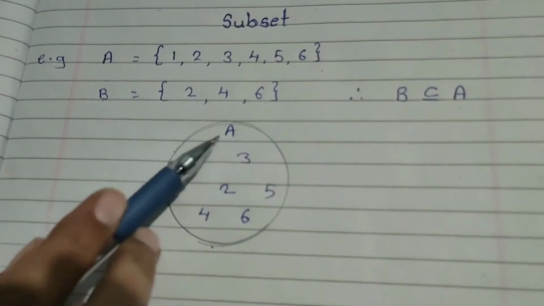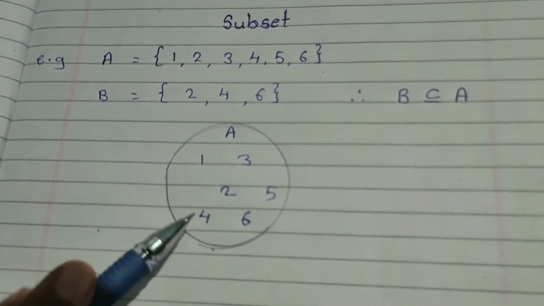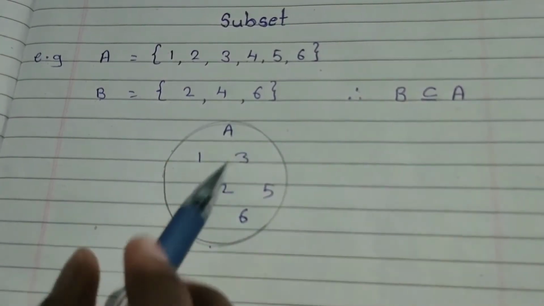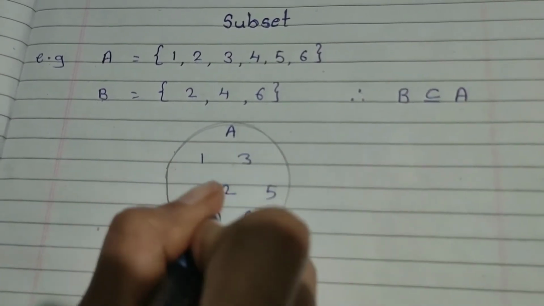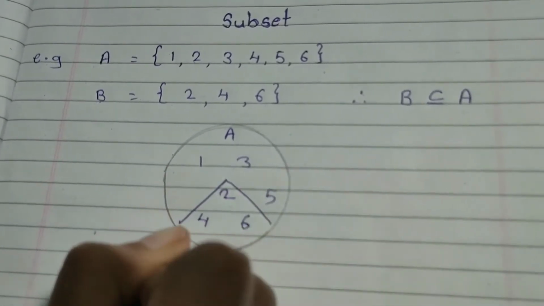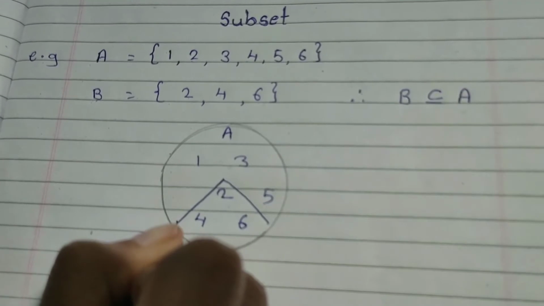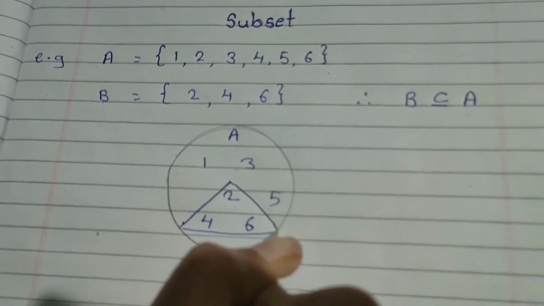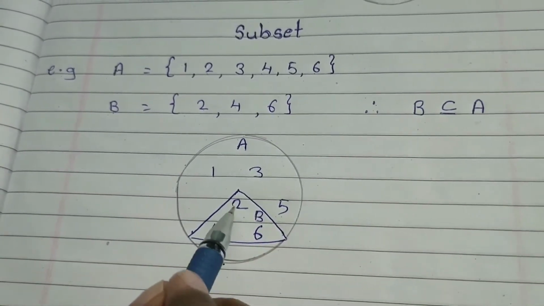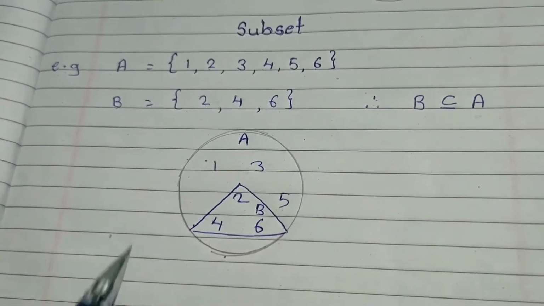Now this is set A. But you can see here we have the elements 2, 4, 6 in set B. So this is my set B, which is a subset of A.